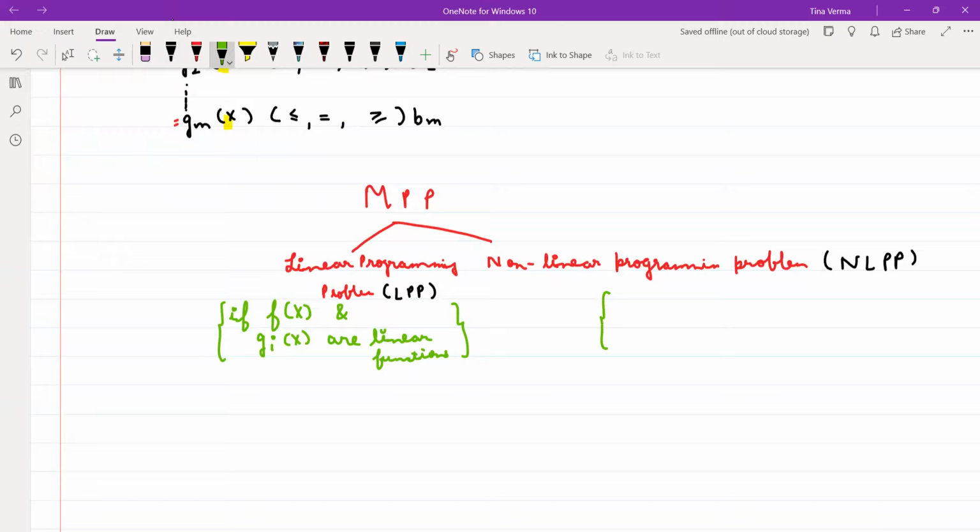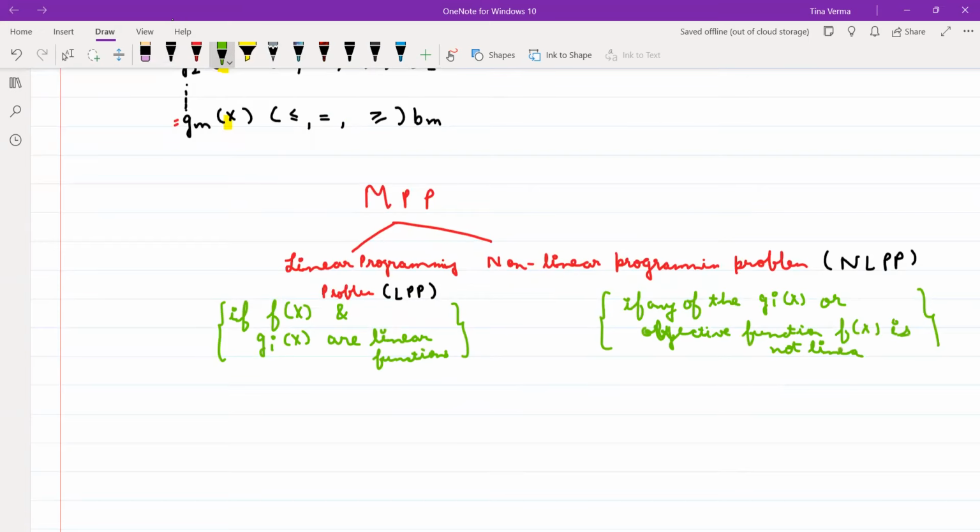And you will say it is non-linear if any of the constraints or the objective function f of x is not linear, then we say that is your non-linear programming problem. If at least one constraint is non-linear, then you say that is my non-linear programming problem.